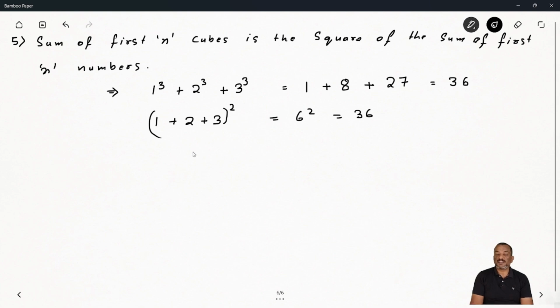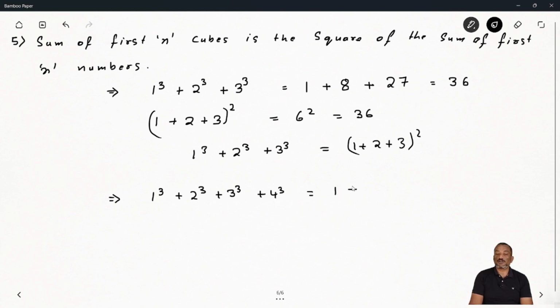So 1 cube plus 2 cube plus 3 cube is equal to (1 plus 2 plus 3) whole square. In the same way, you can try another number: 1 cube plus 2 cube plus 3 cube plus 4 cube. 1 cube is 1, plus 8, plus 27, plus 64.